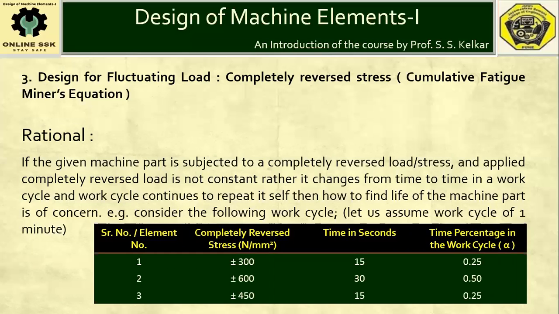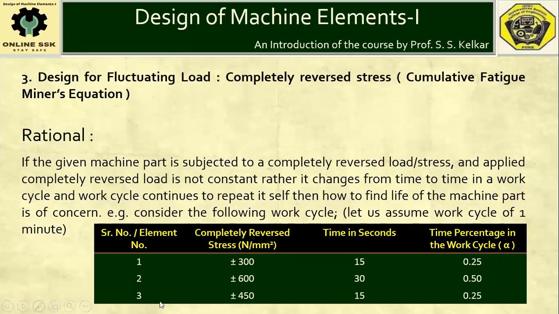That is the discussion of today, which will be based on the idea of cumulative fatigue. Using Miner's equation, which is based on the idea of cumulative fatigue, one can calculate the expected life of a machine part which will be subjected to varying completely reverse stress, which is varying in a cyclic fashion.